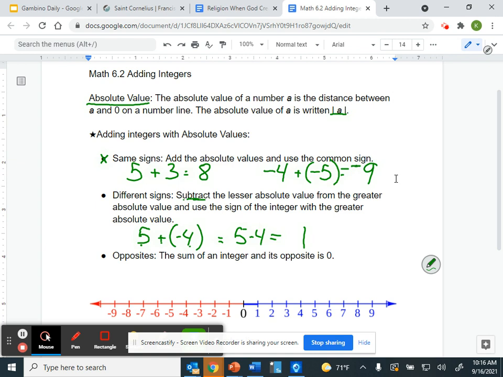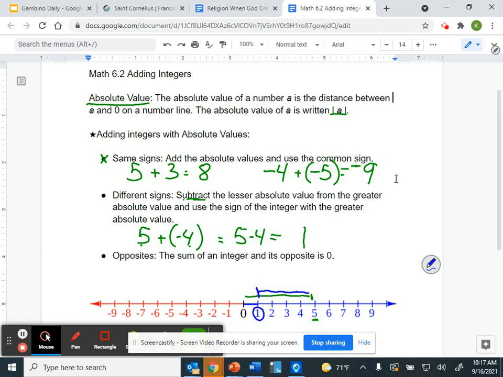If we see that on our number line, we have a positive 5, so we go all the way out to that positive 5. But then we have a negative 4, so that's a minus 4. So we have to come back 1, 2, 3, 4.